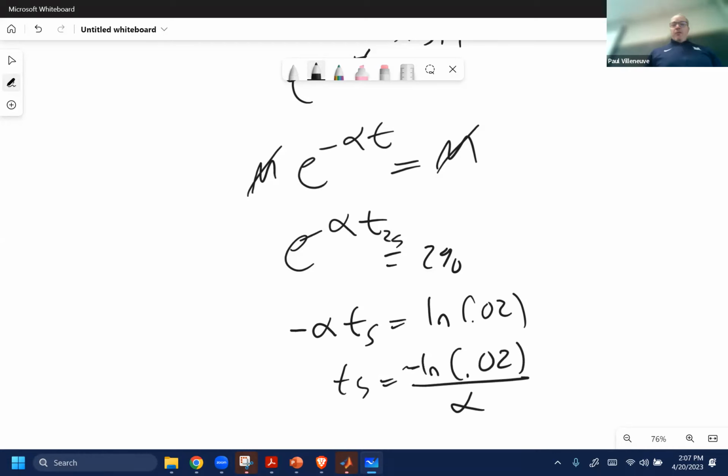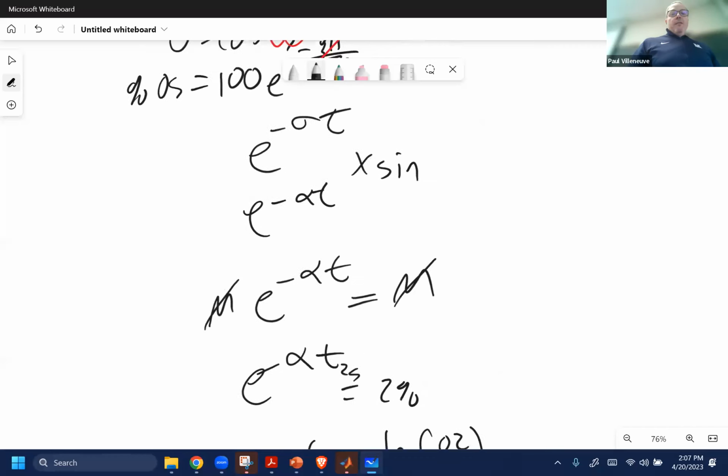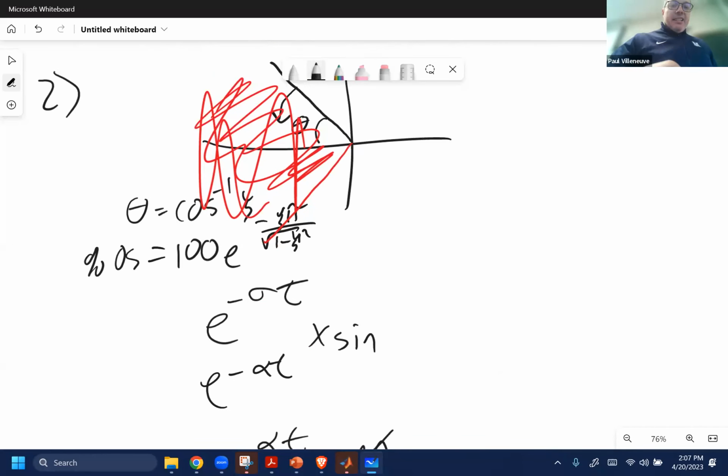And if you remember, this is approximately equal to 4 over our alpha or our lambda, doesn't matter. On this axis, this is that e to the minus alpha t term, right? That's the real term that lives on that axis.